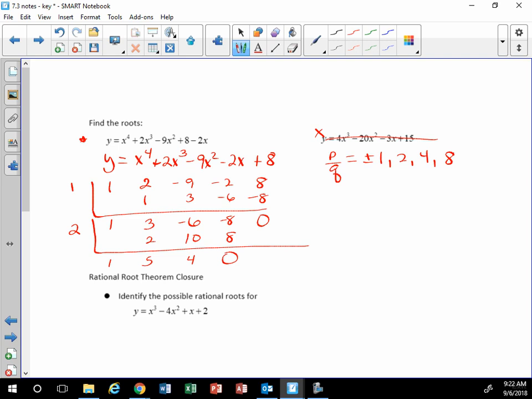And now I am at x squared plus 5x plus 4. Okay. Is that something we could factor? Yes, okay. So we're going to factor and solve from there.